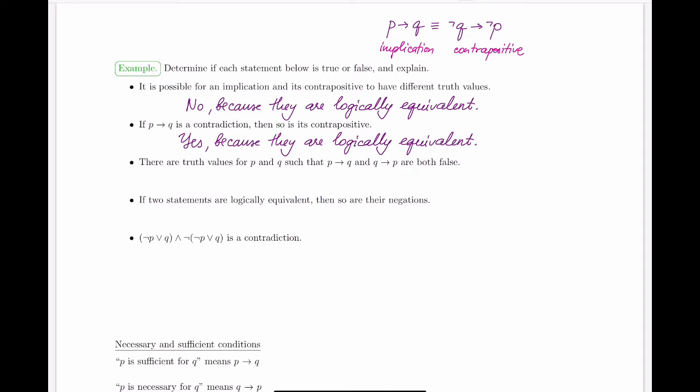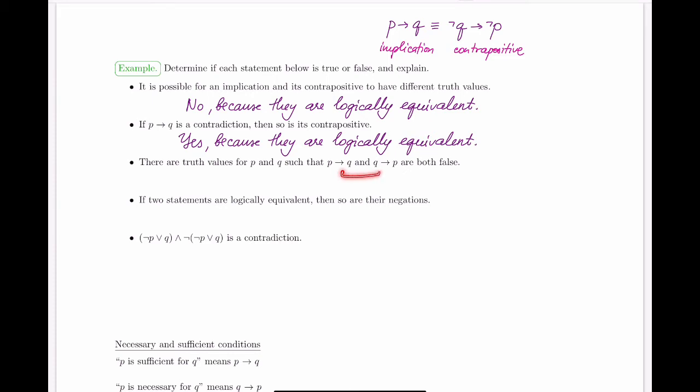Because the truth values have to be identical. There are truth values for P and Q such that P implies Q and Q implies P are both false. How do you think we're going to go about doing this one? It's specifically asking, are there any truth values for P and Q so that the conditional and the converse are actually both false?